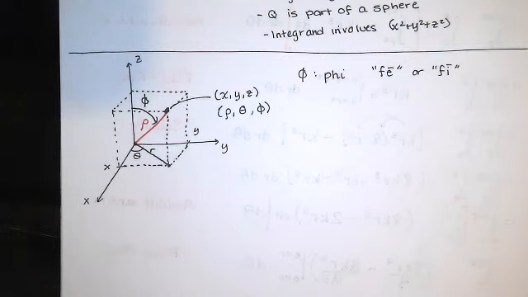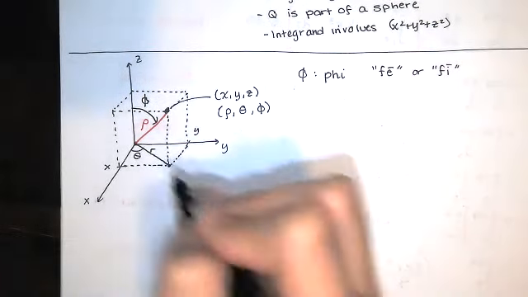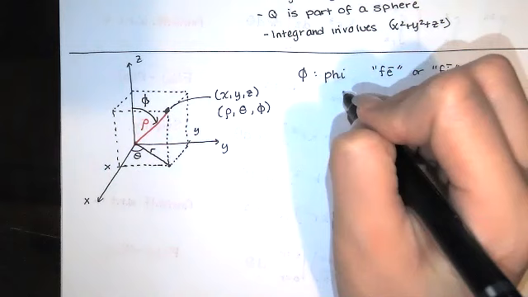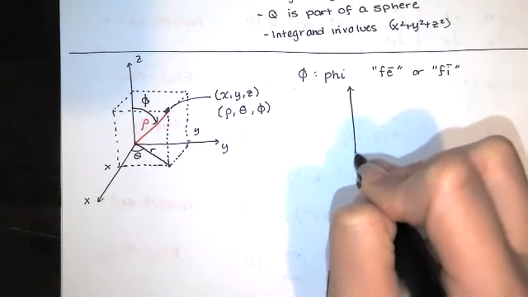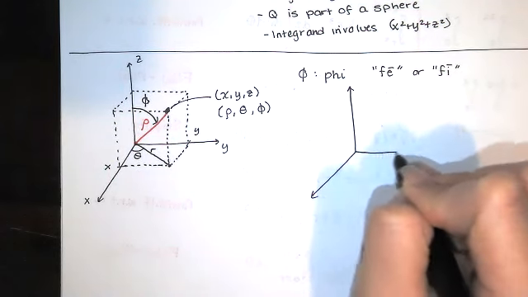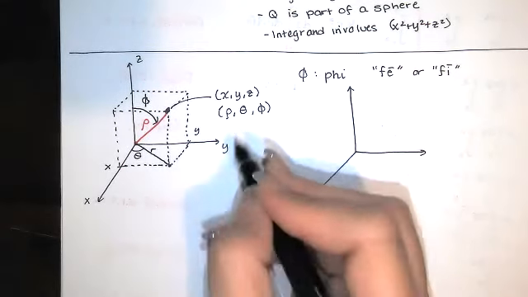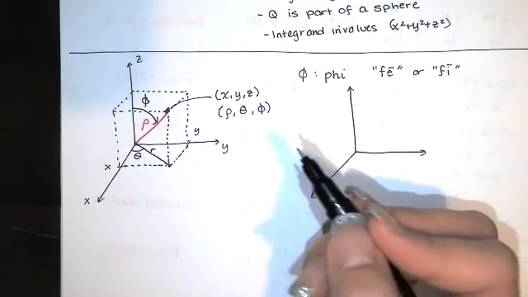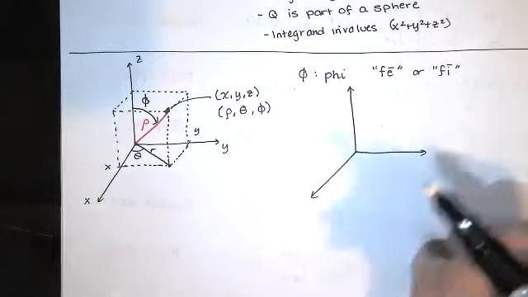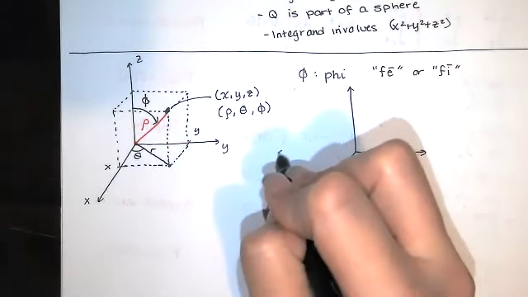I think it's helpful if we draw these points, if we label theta, phi, and rho on the outside of a sphere.